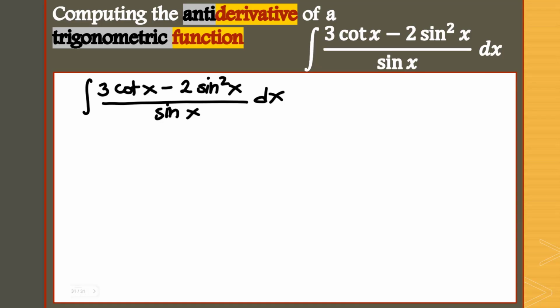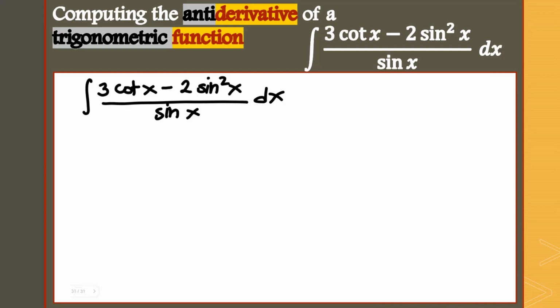But let's remind ourselves, we don't have the rule yet for cotangent, nor the square of sine. And even if this is sine x here, we don't have that rule as well in the meantime. So what we can do here is manipulate this first and see what we will have later on as part of our process. I'm talking about distributing or sharing the same denominator.